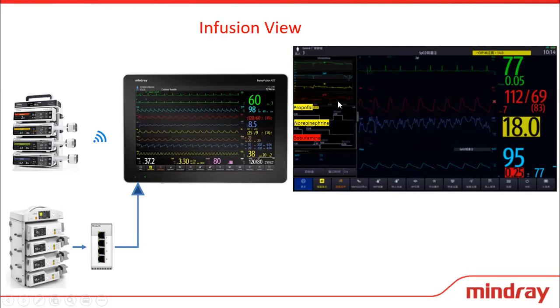When you have that software in our patient monitors, you're able to monitor the fluids that you're giving to your patient together with the vital signs that the patient is having.